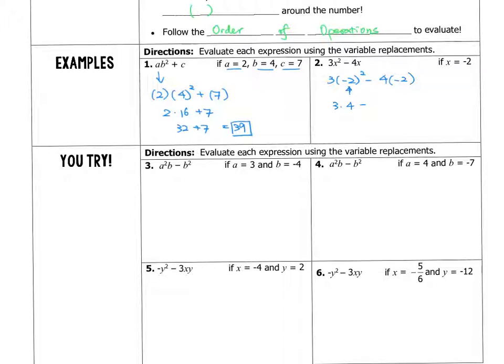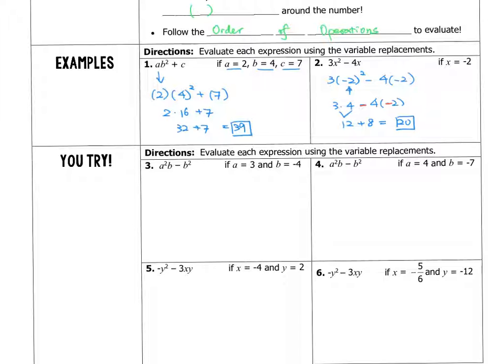Then bring everything else down. Now there are 2 multiplications here. 3 times 4 is 12. Be very careful here. I've got a double negative here, right? There's -4 times -2. So that double negative makes a positive. Therefore, I have 20 here.